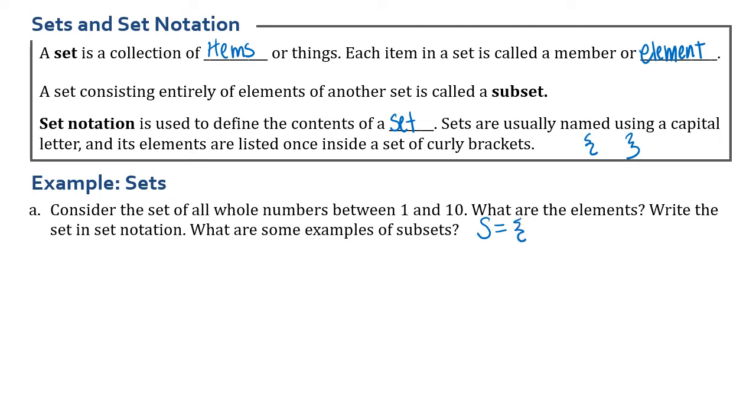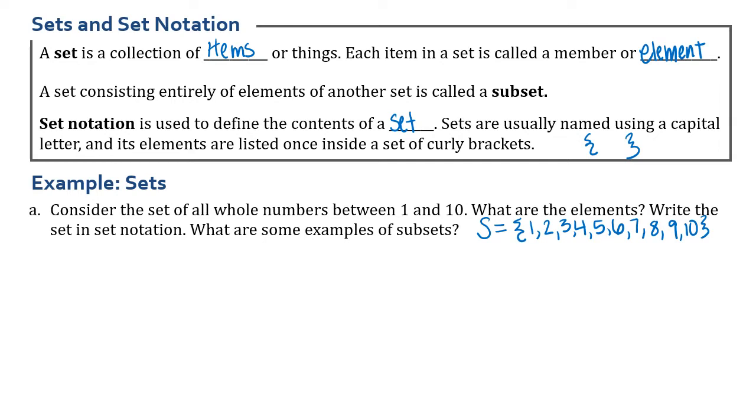The elements, or the members, are whole numbers between 1 and 10. So that would be 1, 2, 3, 4, 5, 6, 7, 8, 9, and 10.